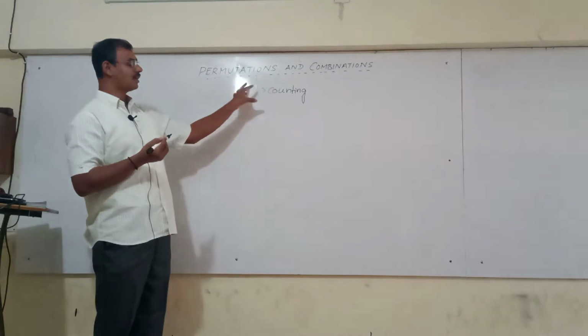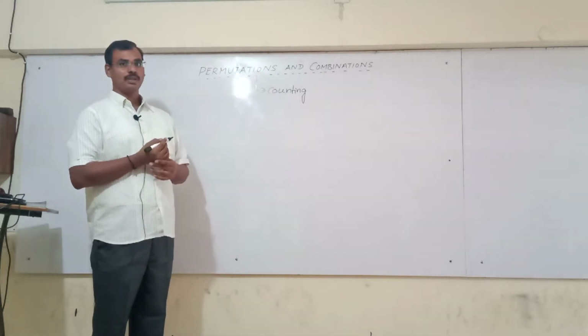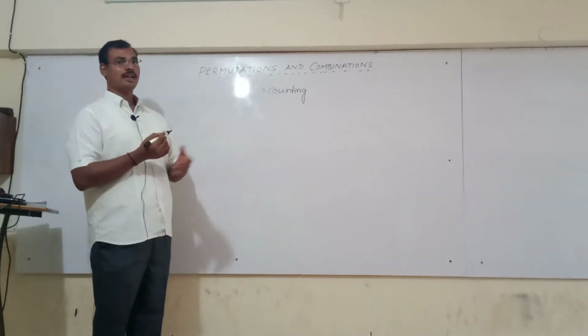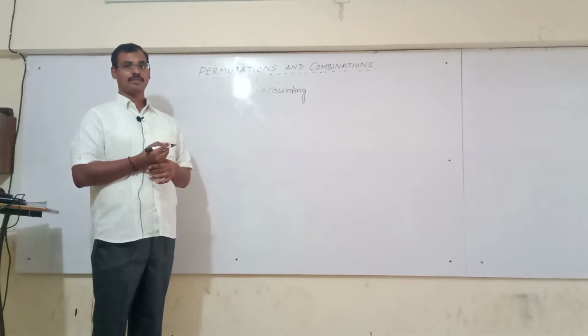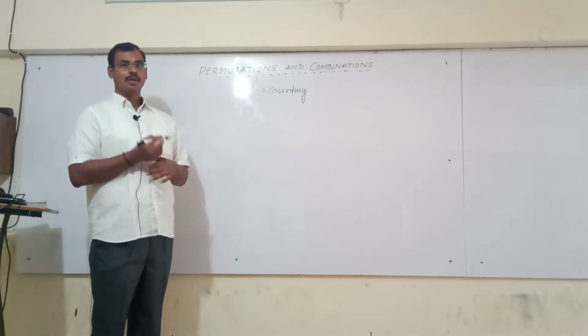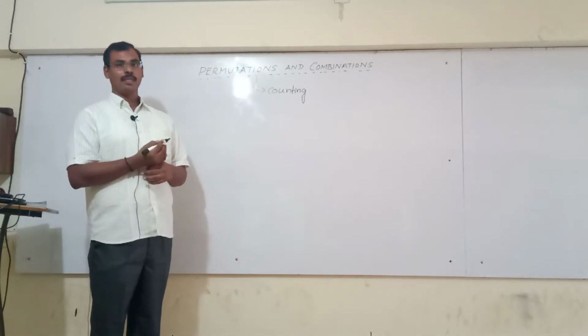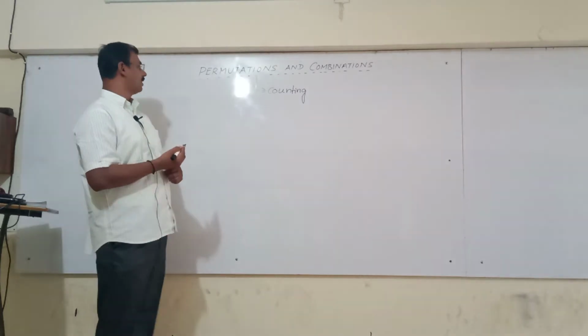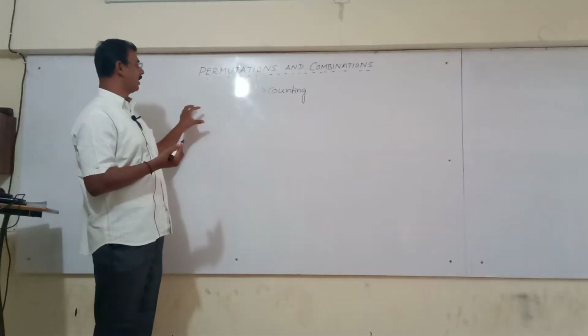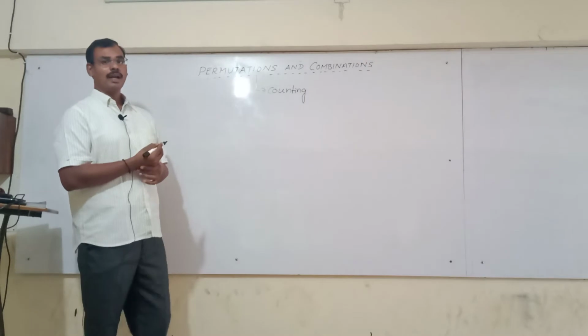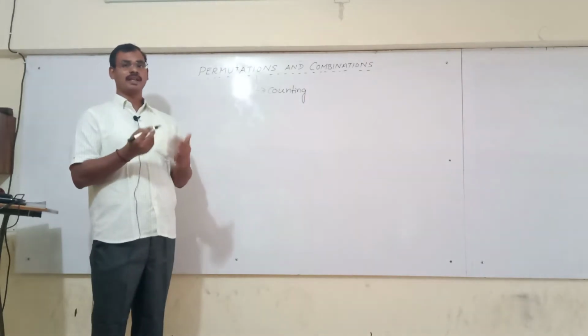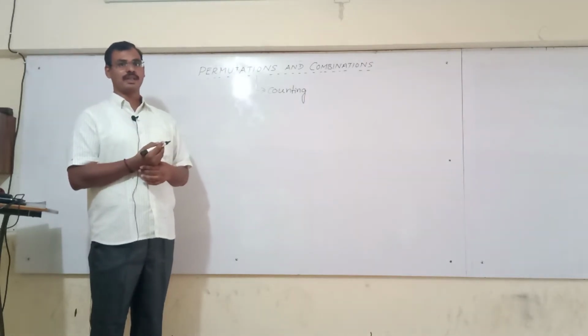To count these, there are certain rules. What do you mean by a rule? Let us see, I will explain. I am just taking a trivial example for the sake of understanding.